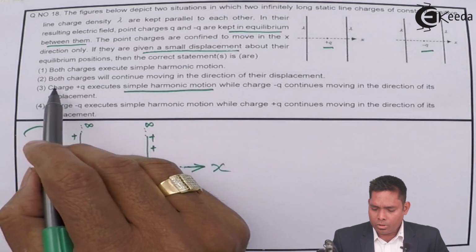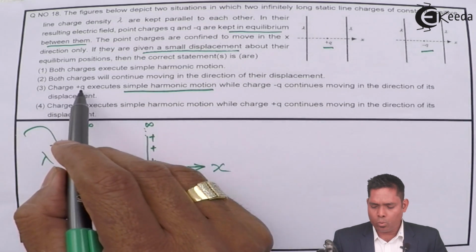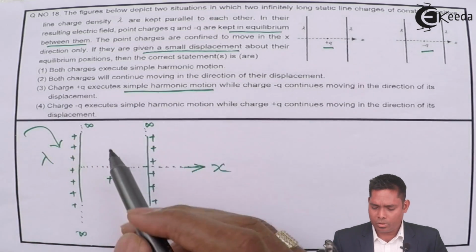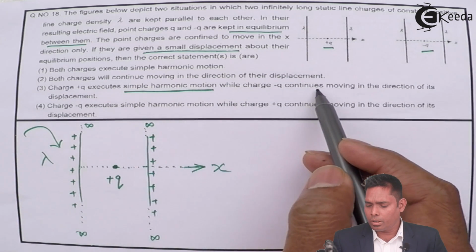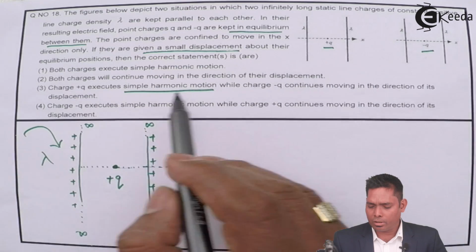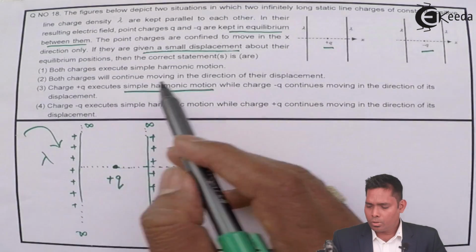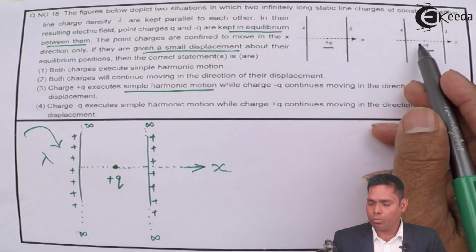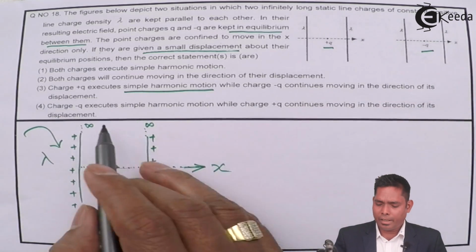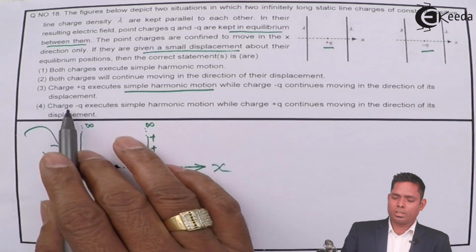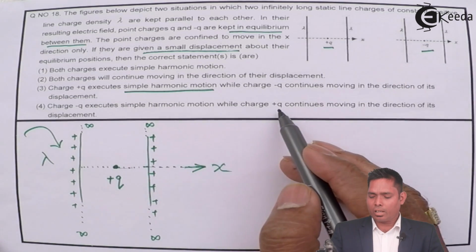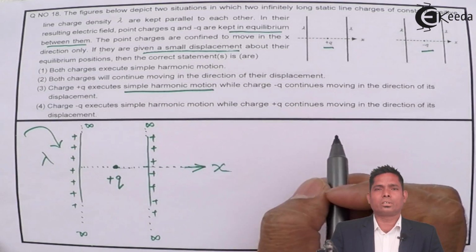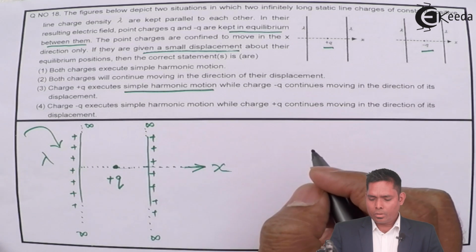Third, charge Q will execute SHM, while the charge minus Q will continue to move in the direction of displacement. So this case says that it will move in the direction of displacement, and the fourth option is that the second one will execute SHM while the charge plus Q will move in the direction of displacement.